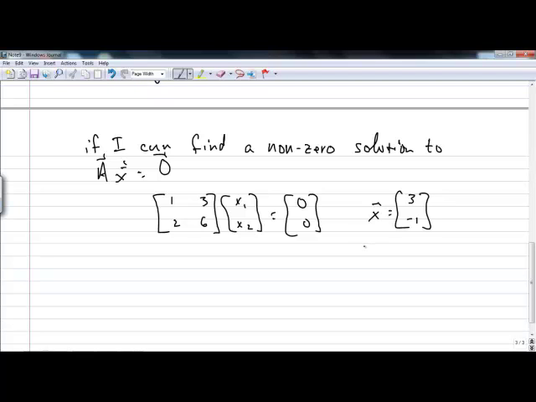Now we can say, okay, why does that work? Why is it that if there's a non-zero solution to Ax equals 0, the matrix is not invertible?